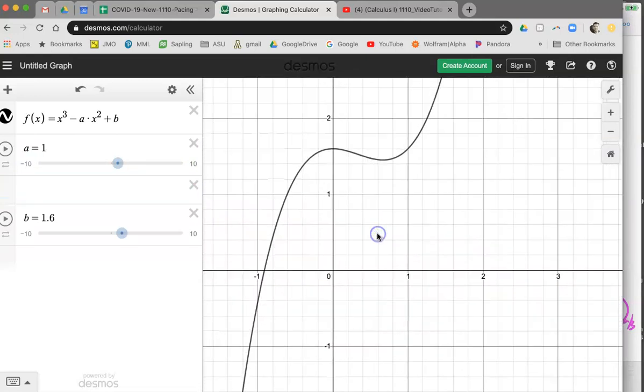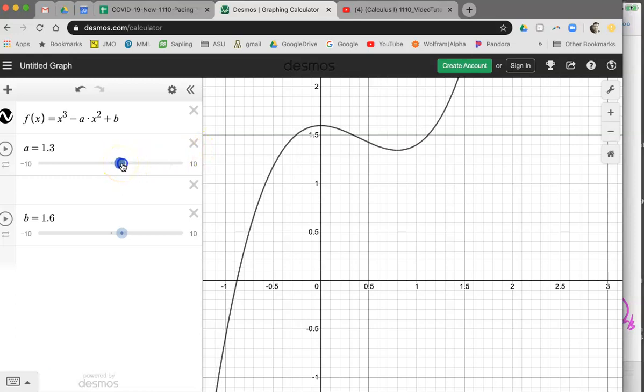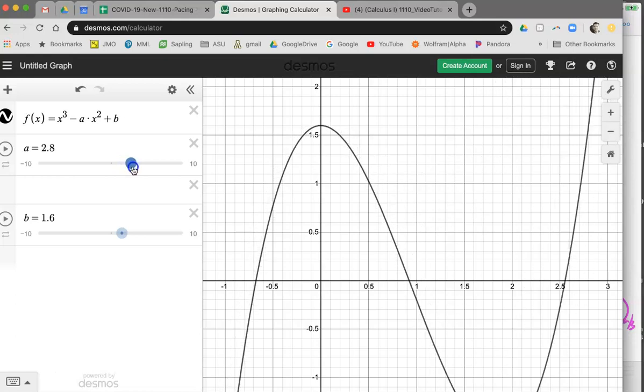So for example, we can see that if a is equal to 1, right here at 2a over 3, which is 0.6667, we have a local minimum, and at 0, we have a local maximum. And if we go to a being equal to 3, for example, our critical number 2a over 3 should then occur at 2.